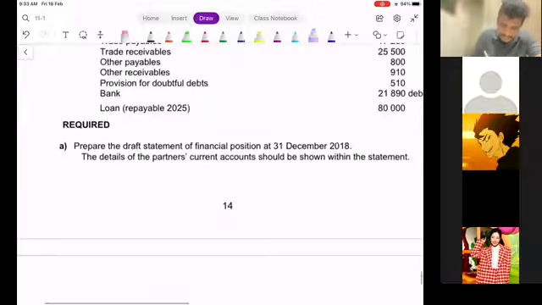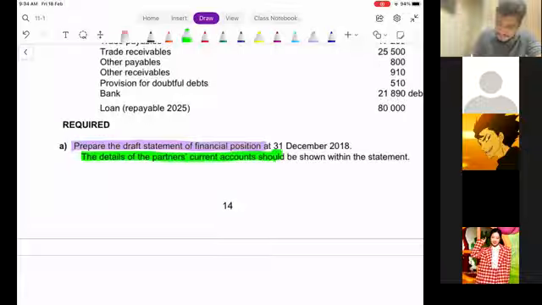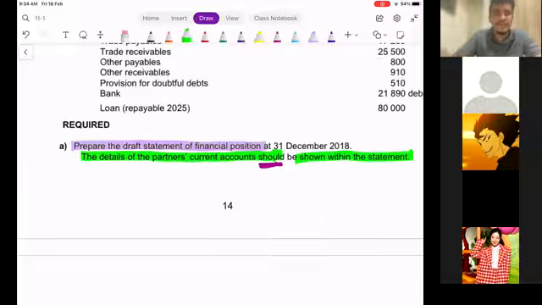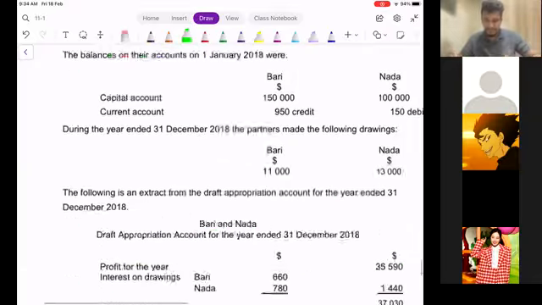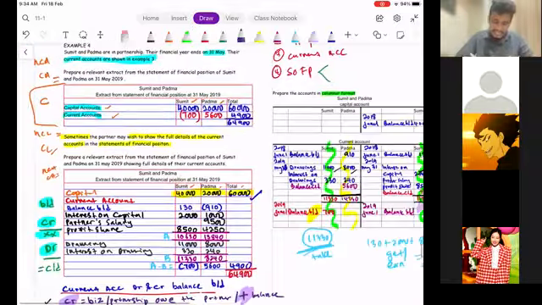Prepare the draft statement of financial position, 31st December. The detail of the current account should be shown within the statement. So this one, like A or B. This is the A, this is the B. They're asking for B.